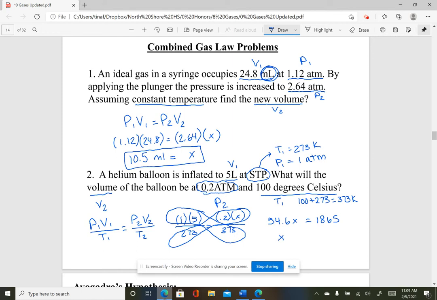If I divide both sides by 54.6, I get 34.2. And I was solving for volume, and the first volume was in liters, so my second volume also has to be in liters. All right, I'm going to give you one of these to try on your own.